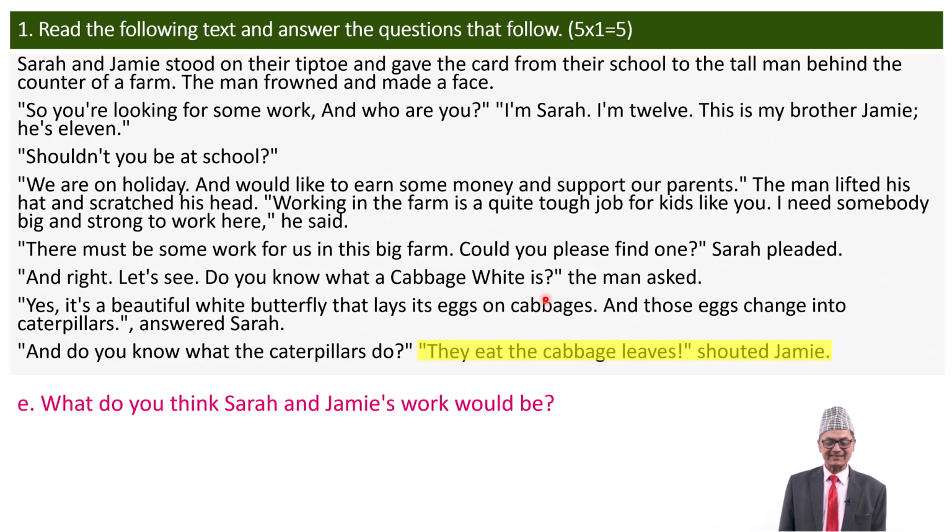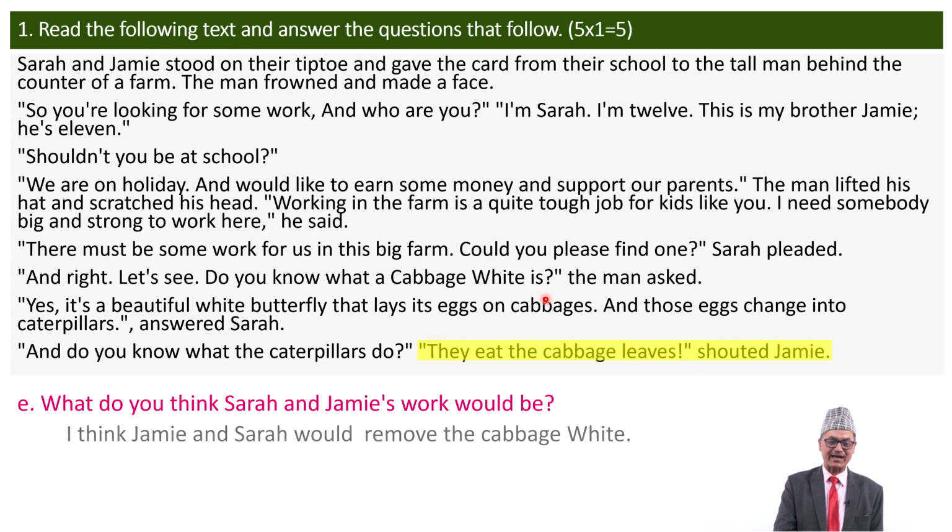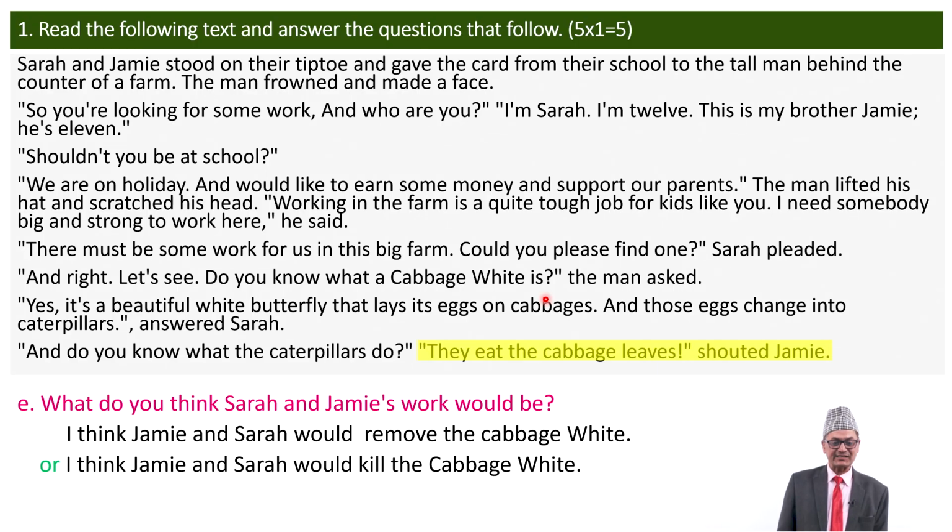So that means they destroy the cabbage leaves. And that's why you have to decide. You have to infer, you have to guess some meaning and then decide. You have to draw some conclusion from this information and write your answer like this: I think Jamie and Sarah would remove the cabbage white, or I think Jamie and Sarah would kill the cabbage white.